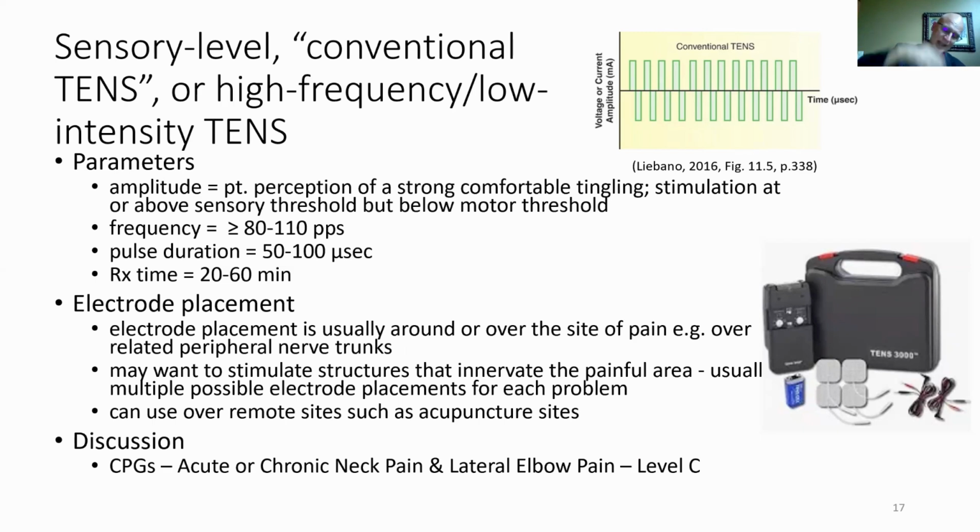You shake it a lot because you're trying to activate those mechanoreceptors more often in order to cause a greater gating effect to block that pain from transmitting up. Same thing with the TENS. So that's why you usually want to use a higher frequency for that sensory level, because you're trying to get a better gating effect.